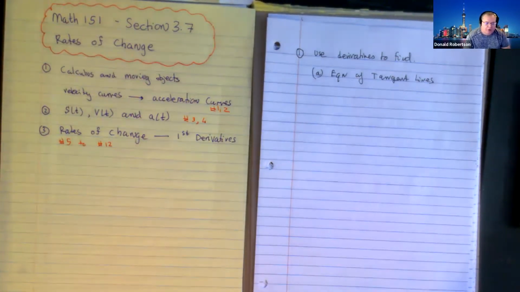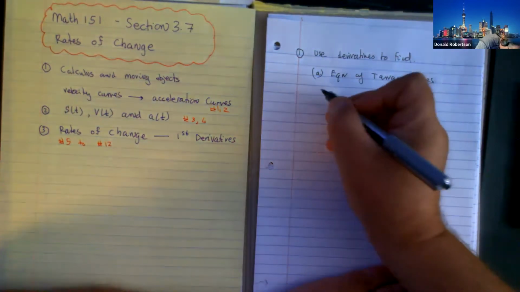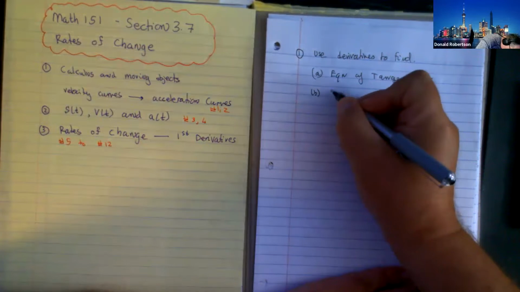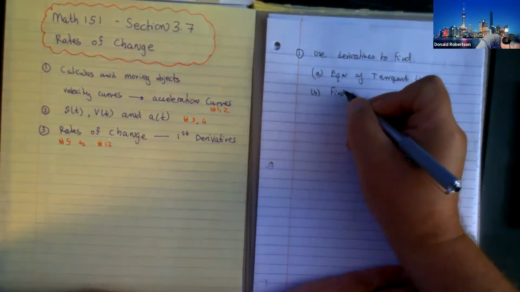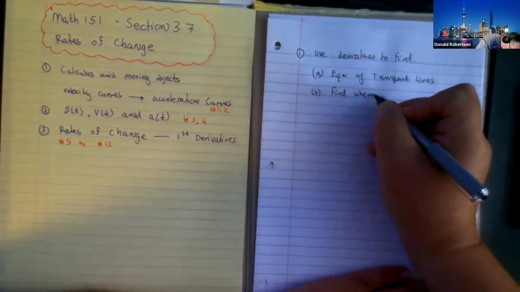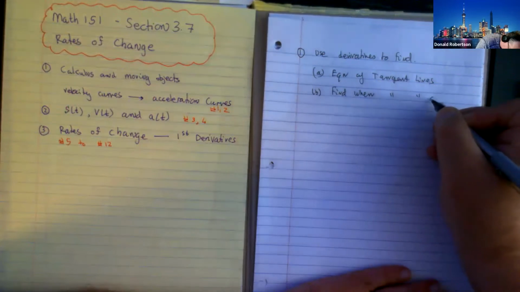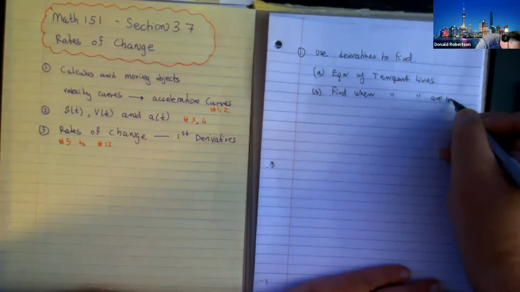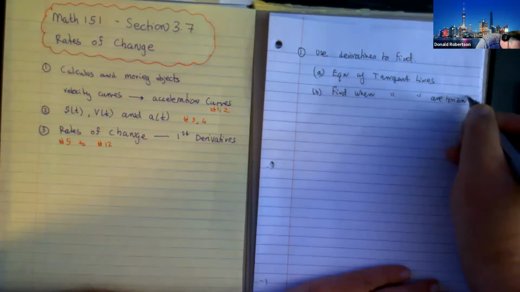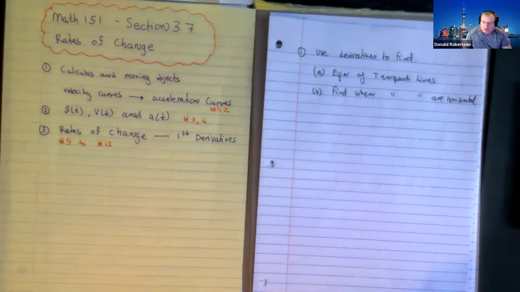In fact, almost every question that we do, wasn't there a find the equation of the tangent line tagged on at the bottom? I could have done one with the inverse sine, cosine, but I never chose to. Haven't we done questions where we found the value of x where the tangent line was horizontal?